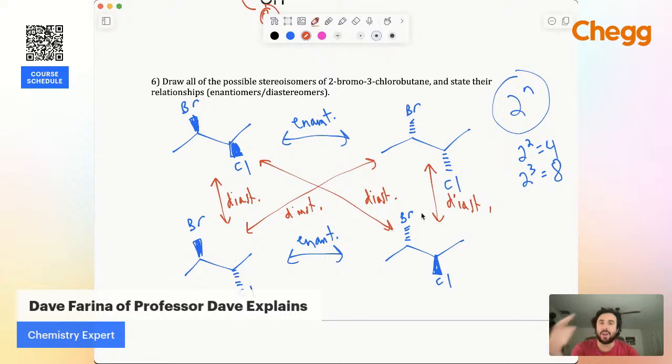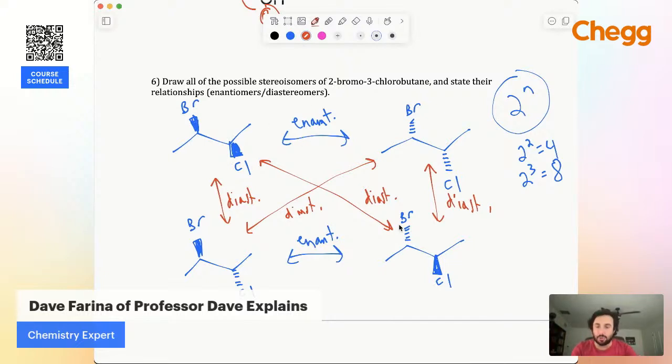Diastereomers are stereoisomers that are not enantiomers. If you invert every single chiral center on a molecule, you get its enantiomer. If you invert one or more, but not all of the chiral centers, so basically any other possibility except for inverting all of the chiral centers, you get a diastereomer.